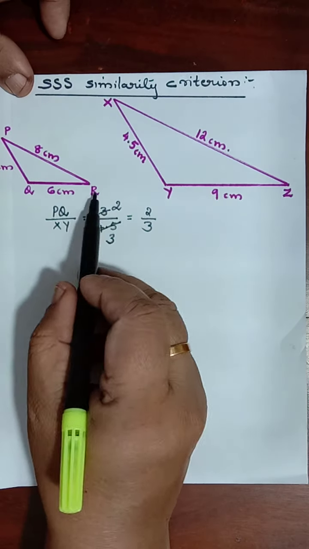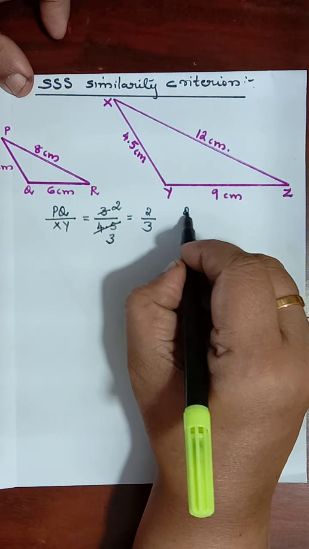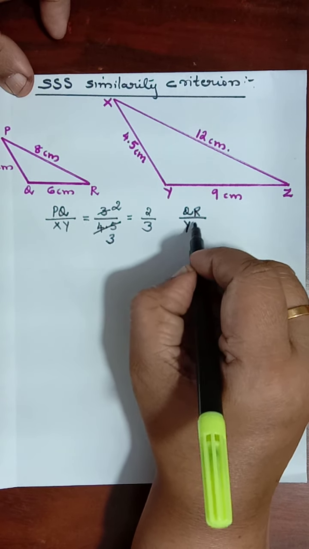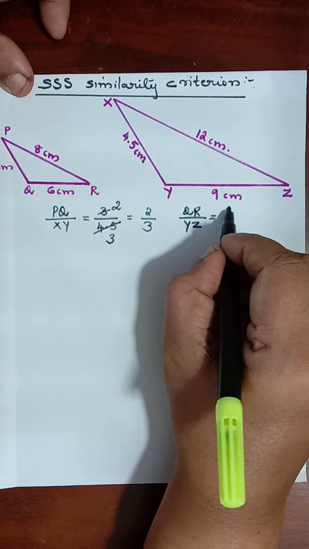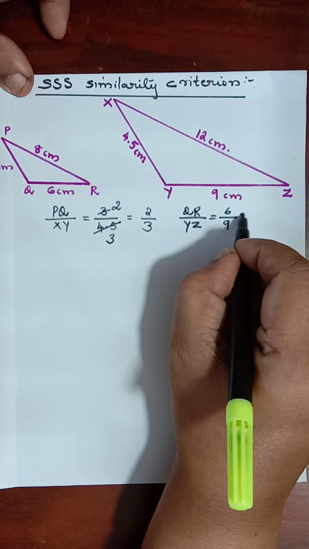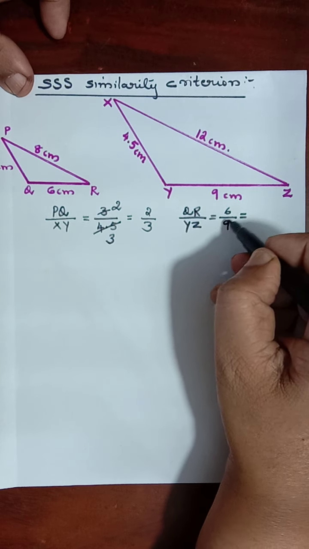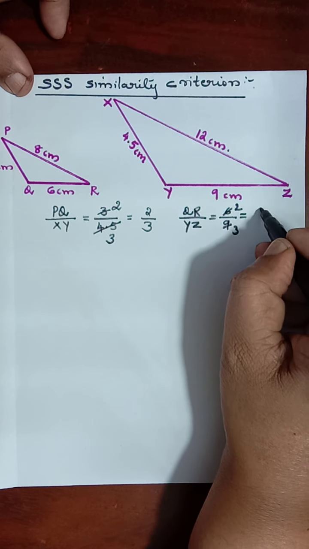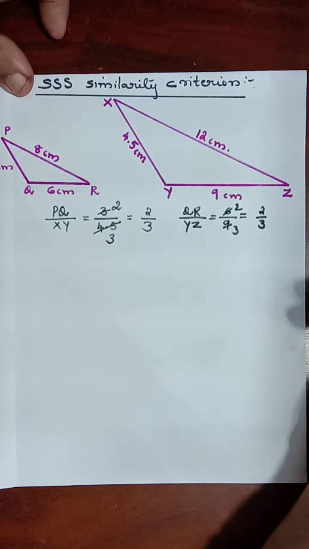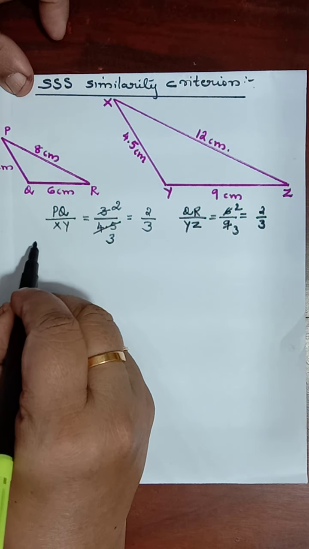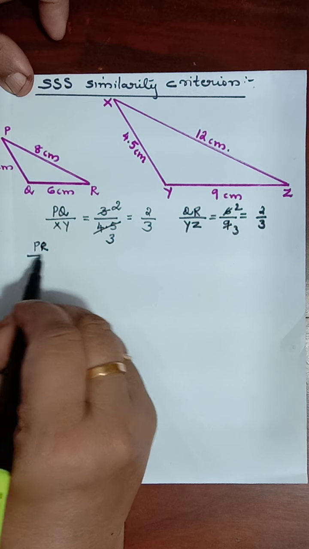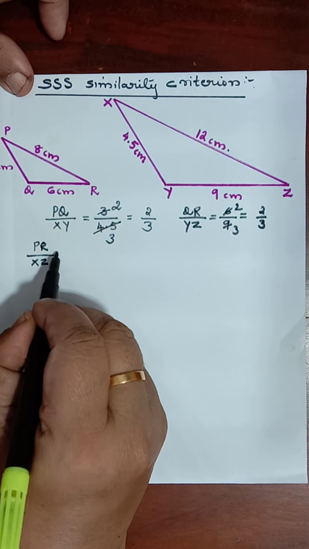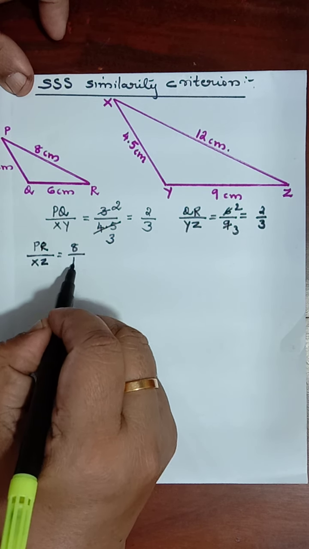Now comes QR by YZ. QR is 6, YZ is 9. So let us divide by 3. 2 times, 3 times. Don't you see 2 by 3 in this case? Similarly, PR by XZ is 8 by 12.